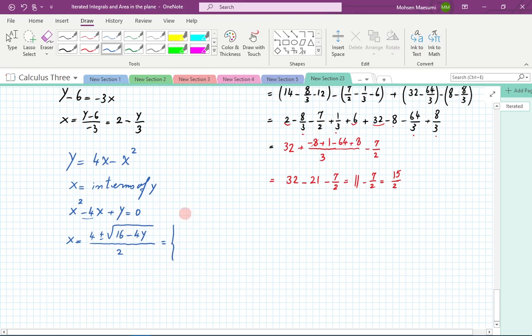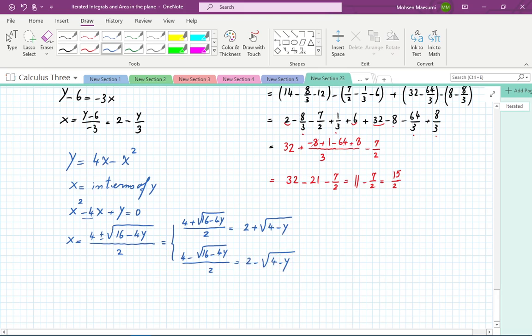So I have two answers. Let's write it like this: 4 plus radical 16 minus 4y over 2, and the other one is 4 minus radical 16 minus 4y over 2. We can make it a tad bit simpler, factor a 4 out of this and bring it out. It becomes 2 plus radical 4 minus y, and this becomes 2 minus radical 4 minus y.